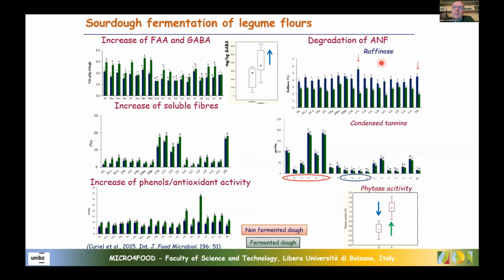At the same time, other anti-nutritional factors like condensed tannins may decrease. And last but not least, you can get a decrease of the phytase activity, which in other words has a repercussion on the mineral bioavailability during digestion.